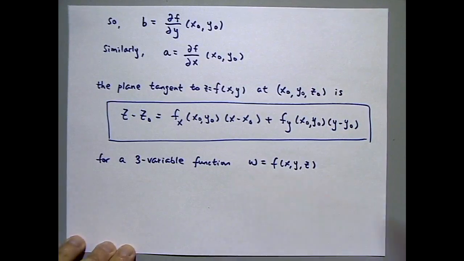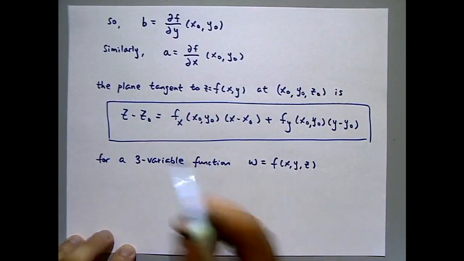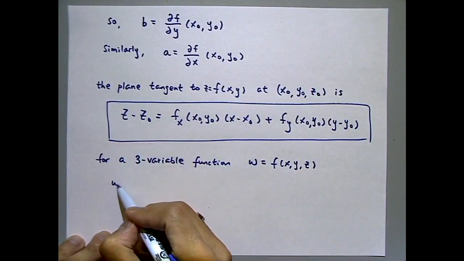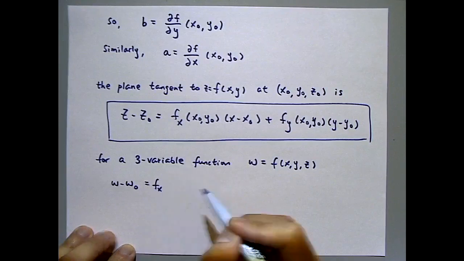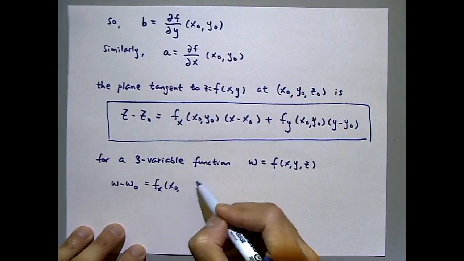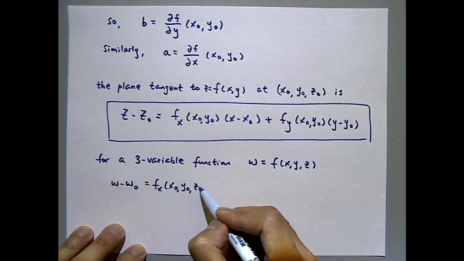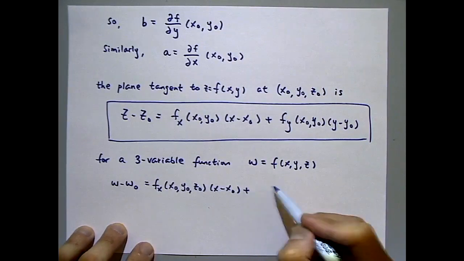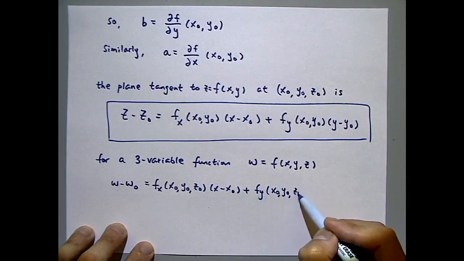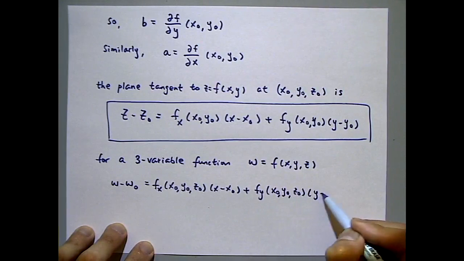For a three-variable function, it now becomes w minus w0 equal to fx at x0, y0, z0, times x minus x0. The extension is exactly how you would expect.